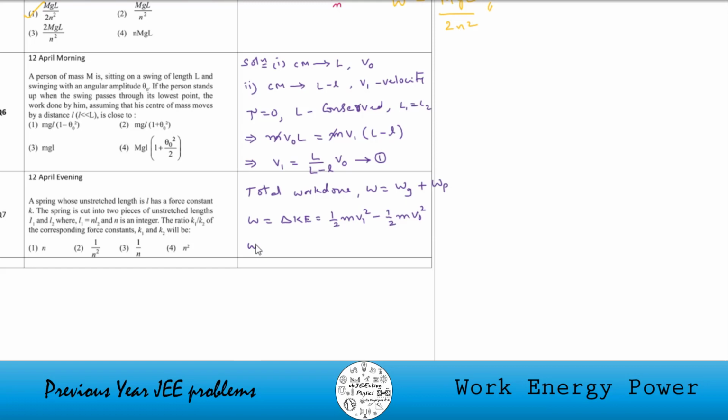So W also can be written as Wg plus Wp, that is equal to half m into v1 square minus v0 square. This we assumed as equation 2. So from equations 1 and 2, and Wg, work done by the gravity, I am writing here continuation.